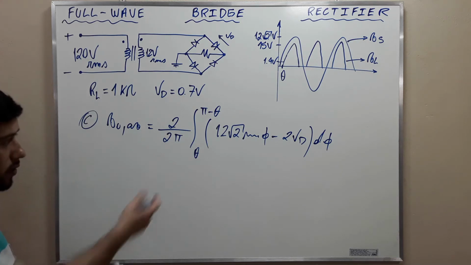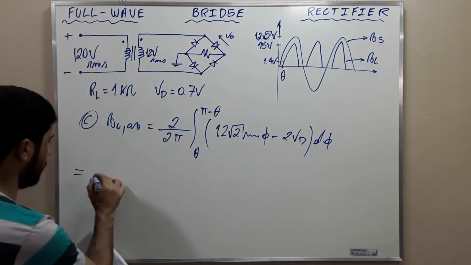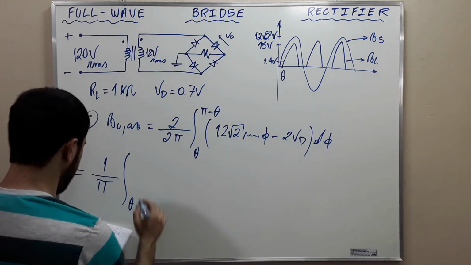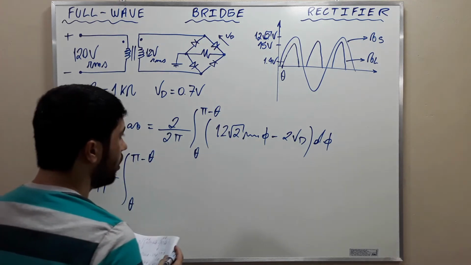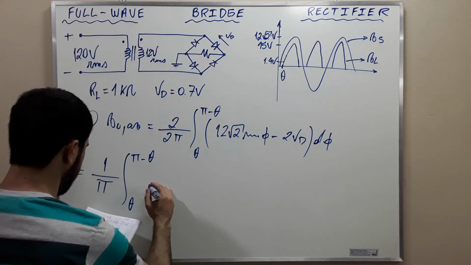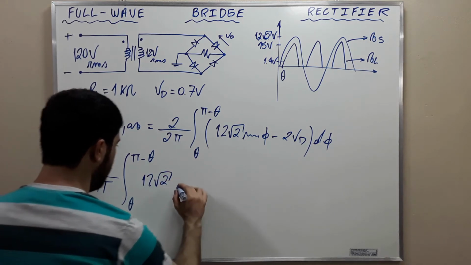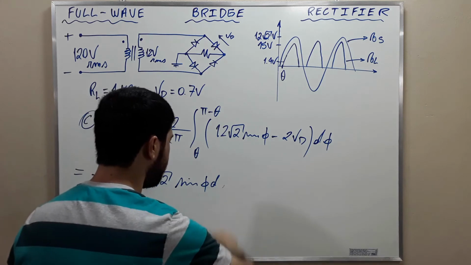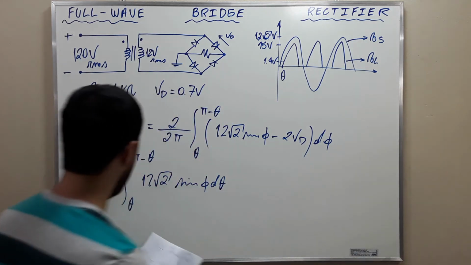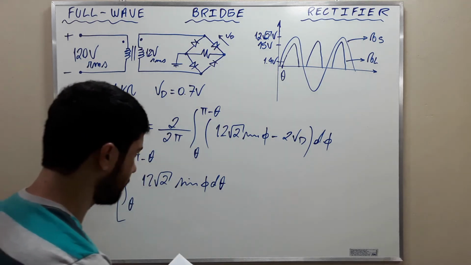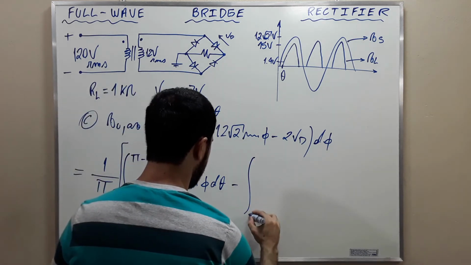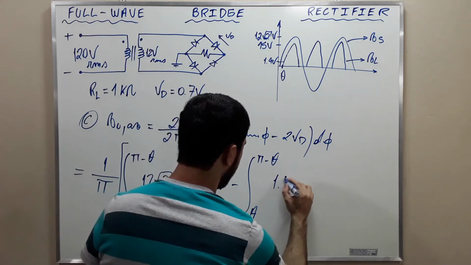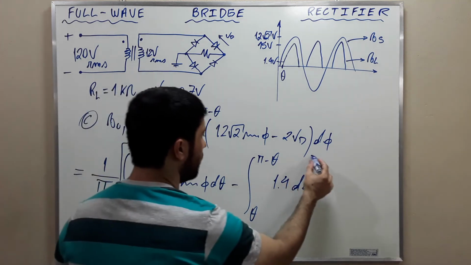And then, conducting this calculation, we find that it is equal to 1 over pi times the integral from theta to pi minus theta of 12 times the square root of 2 sine phi d phi, okay, we have brackets here, minus, again, the integral from theta to pi minus theta of 1.4 d phi, and then we close the brackets.